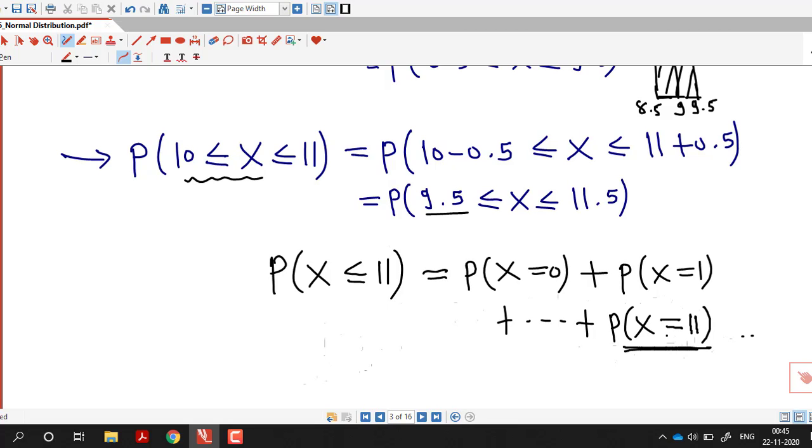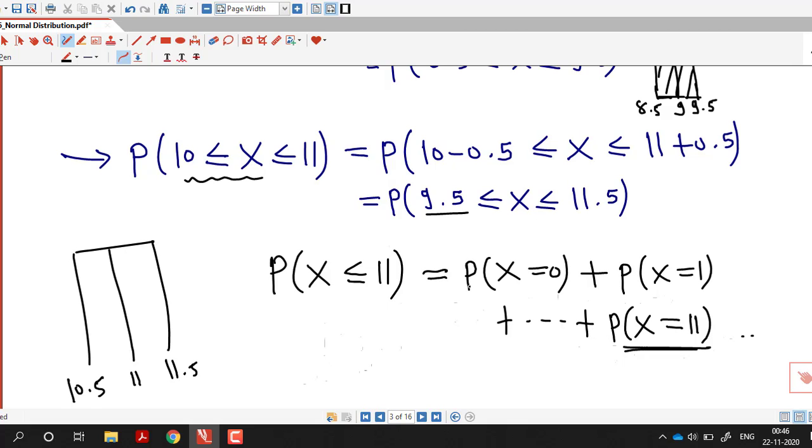So we have to include this area. If we consider the rectangle with center 11, this is 11.5 and this is 11 minus 0.5, that is 10.5.